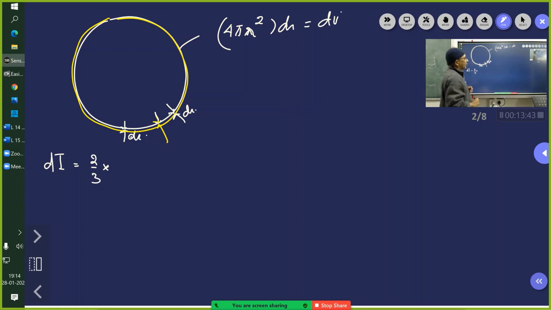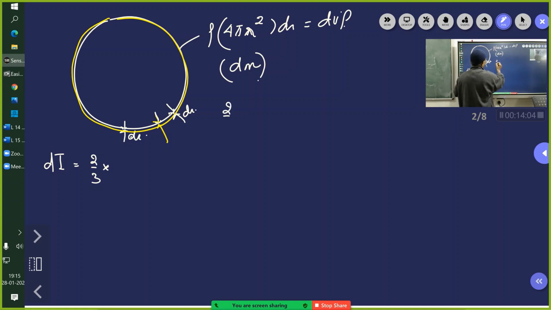Multiply it by rho, and it will give you the incremental mass dm. And then for this dm, you find the moment of inertia.